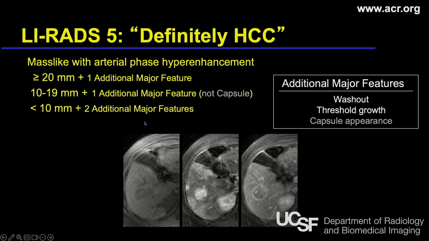They're listed here, but they're very nicely described in the ACR guidelines. I'm not going to go through all of the features exhaustively, but the major point is to be called a definite hepatocellular carcinoma, LI-RADS 5, it needs to have a mass-like lesion with arterial phase hyperenhancement, so that there's definite non-rim hyperenhancement of the lesion plus some other feature.